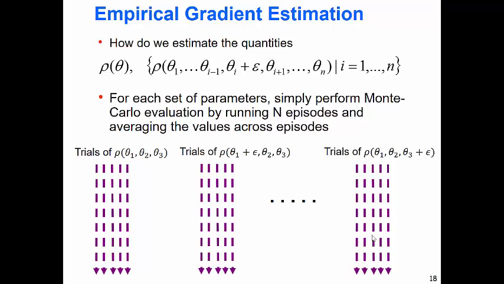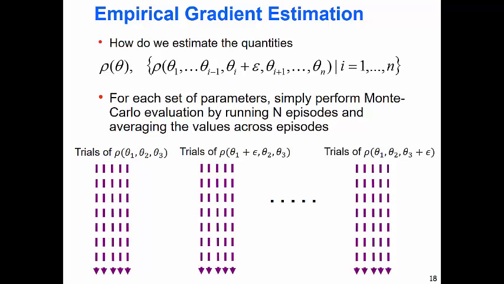The problem with this is that you have to do a lot of runs of the policy. The biggest time consumption for these algorithms is the time to execute trajectories. That's the real cost in reinforcement learning. This is pretty expensive.